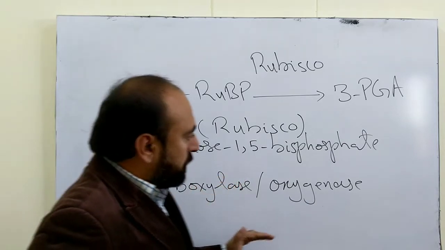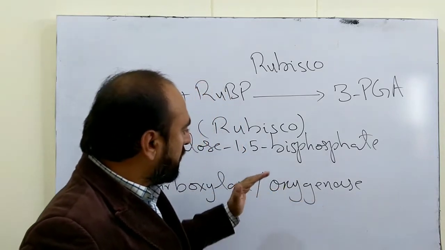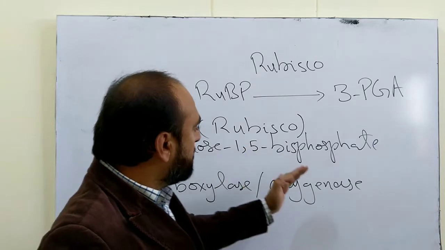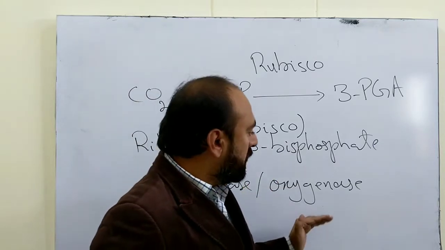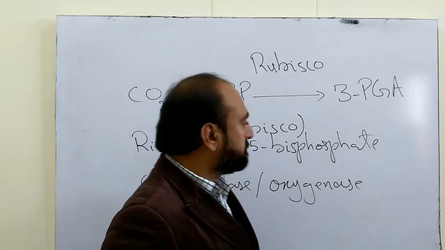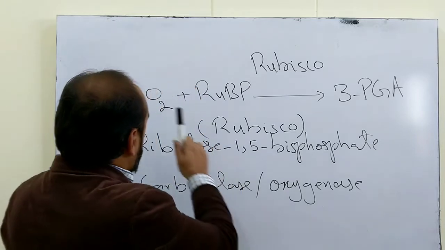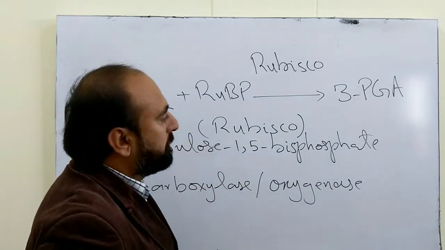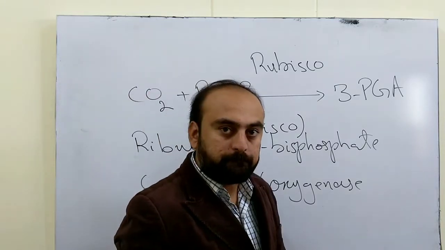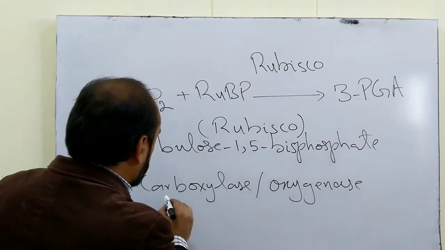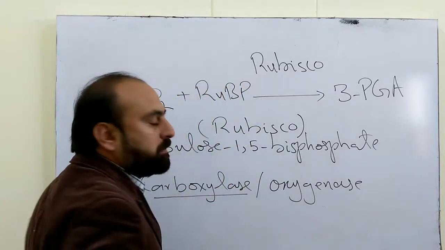So this Rubisco, or ribulose 1,5-bisphosphate carboxylase oxygenase enzyme, fixes carbon dioxide in the Calvin cycle. So it acts as carboxylase.